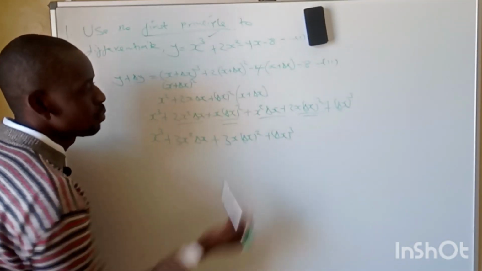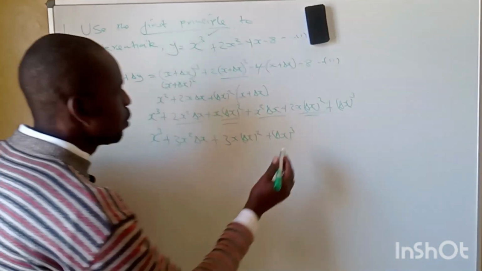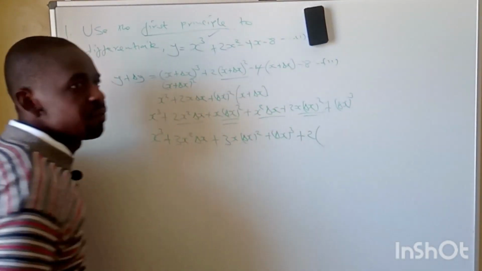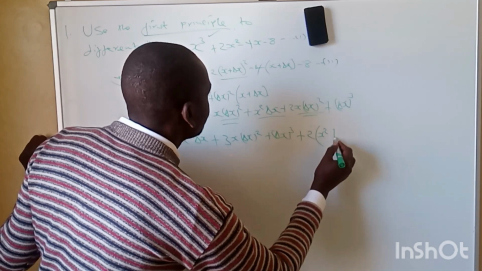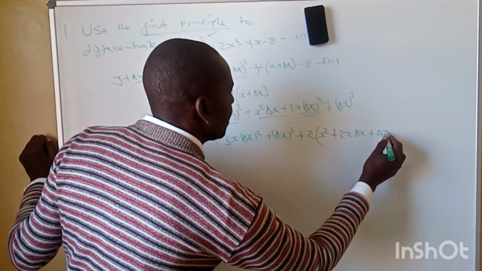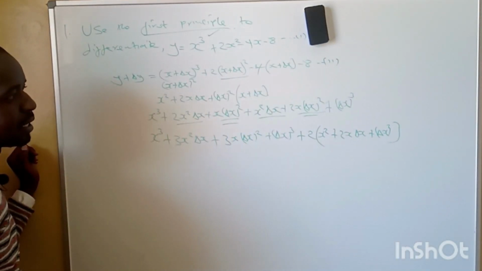So this one is only this. Can we expand this again? So this one also is plus 2. Can we use the first identity of expansion? We have x squared plus 2x change in x plus change in x squared. Multiply by 2.